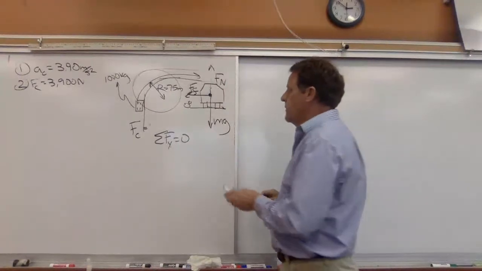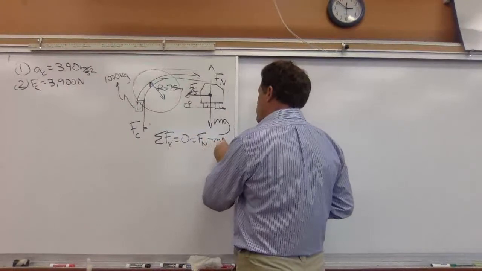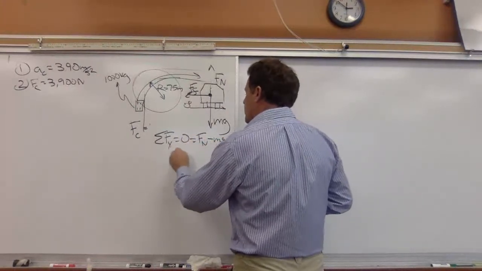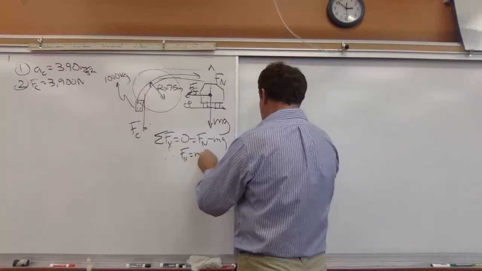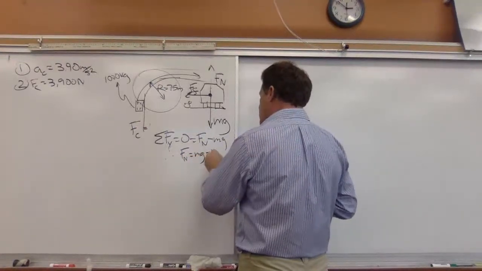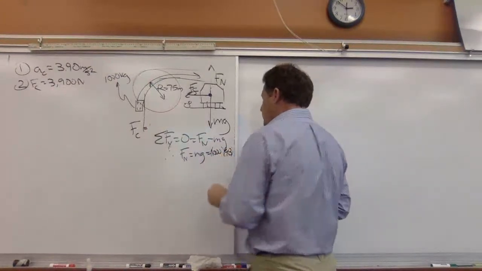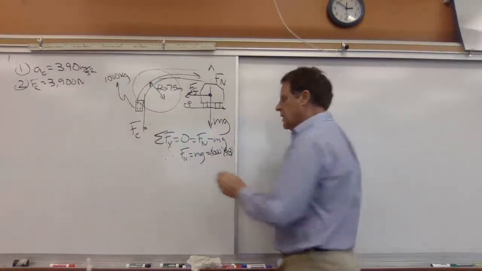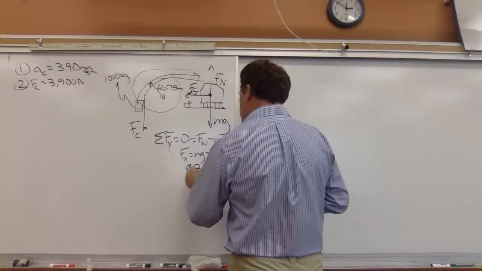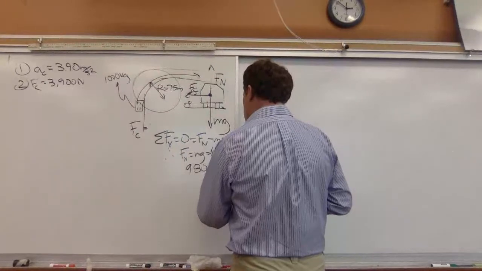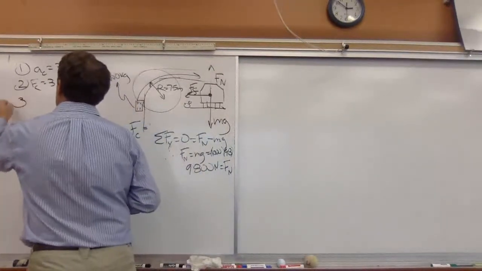Therefore, it equals 0. So we're going to have force normal minus mg is equal to 0. Therefore, force normal is equal to mg, which is 1,000 times 9.8, which is 9,800 newtons. That is the normal force.